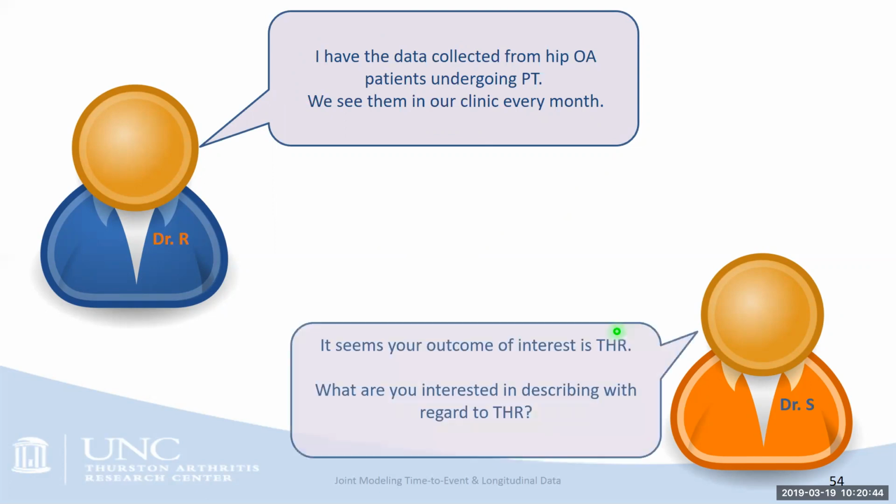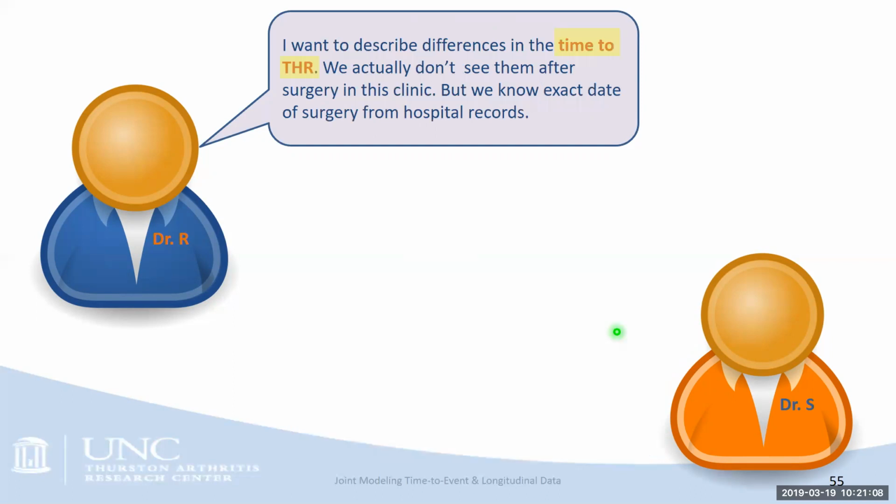And Dr. S needs more information about dependent and independent variables, in other words, about the outcome and covariates. He's asking about total hip replacement surgery to figure out what type of outcome they have. So here's his next question: what are you interested in describing in regard to total hip replacement? And Dr. R explains that he wants to describe differences in the time to total hip replacement.